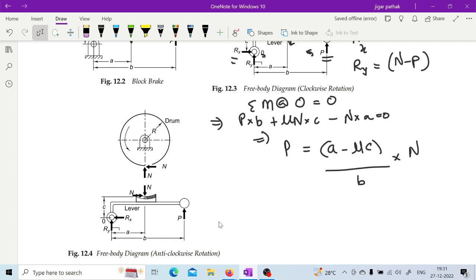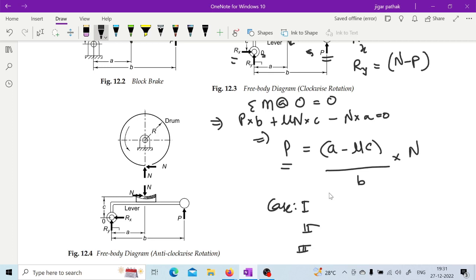Now once you have this particular equation, you can get an idea of in which condition you need to provide the external force in order to stop the drum. So if you see this equation, you have three different cases here, case 1, 2 and 3. Let us see.